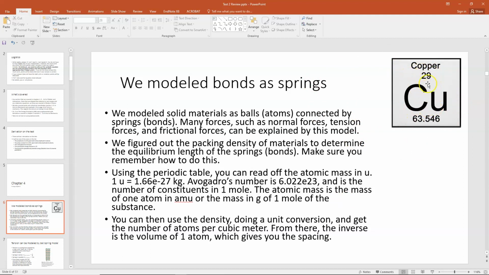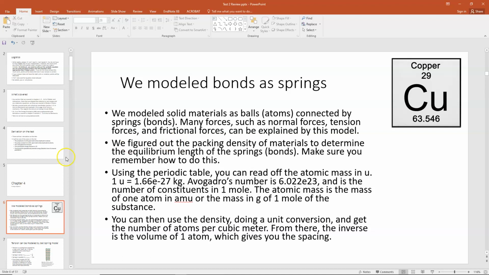The 29 means that there's 29 protons in copper. That's the atomic number. And then you have the atomic weight down here. And for copper, it's 63.55. So that means that for copper, each atom is 63.55 atomic mass units. And then you can also, because of the way that we set up the conversions, read off that there's 63.55 grams per mole of copper.